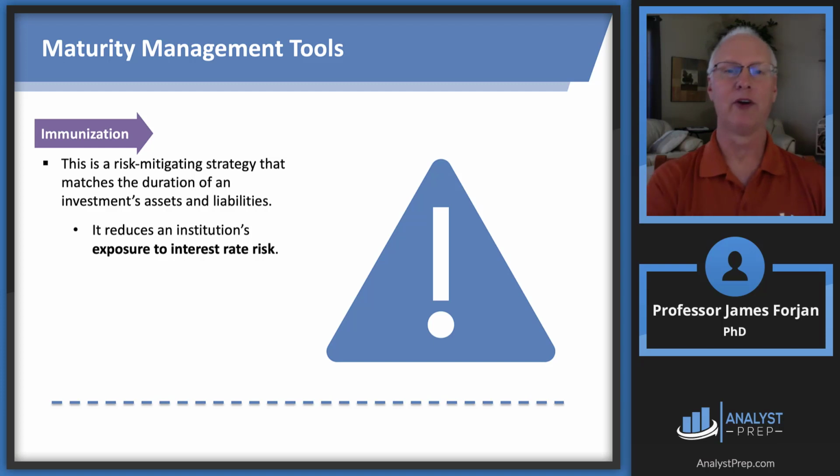That way, whether interest rates go way up or interest rates go way down, you will have enough to meet that liability. All right, so notice the circle point. It reduces an institution's exposure to interest rate risk. What I would love to say is that it completely eliminates interest rate risk, but unfortunately, it does not.